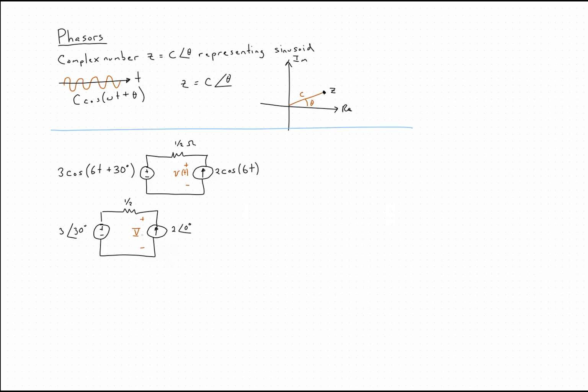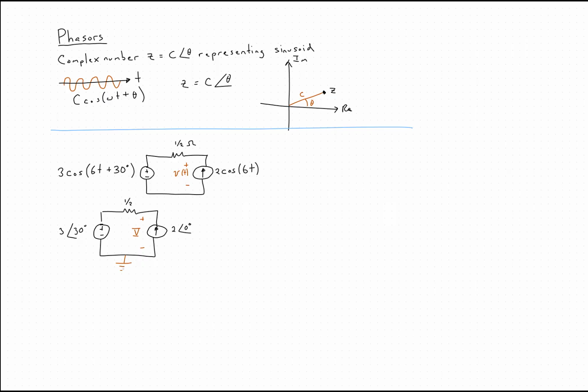So we could solve this using mesh, using nodal, or using basic Ohm's law. I'm going to solve it using nodal. The reason I'm choosing nodal rather than mesh is that if I use mesh, I'll end up finding my currents, but if I use nodal, I'll end up finding my voltages. To show the new parts I'm adding with nodal, we require a ground.